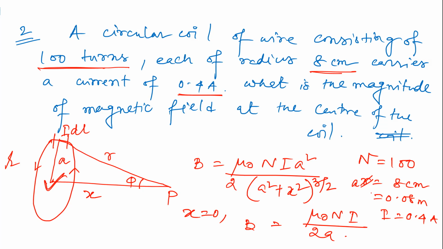Now on the next page, I am going to substitute all of the values, where a is the radius of the circular loop, n is the number of turns, and I is the current flowing through that circular loop.